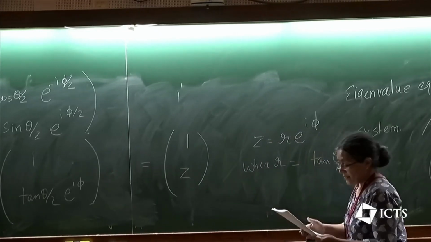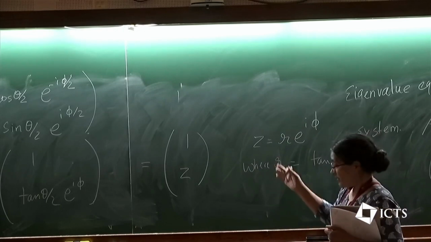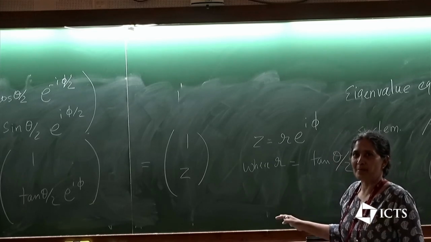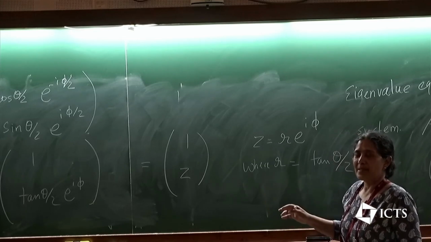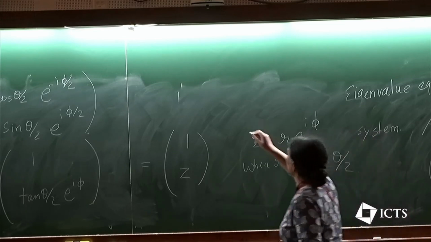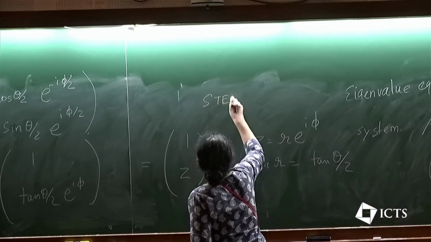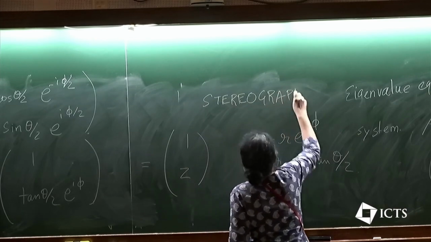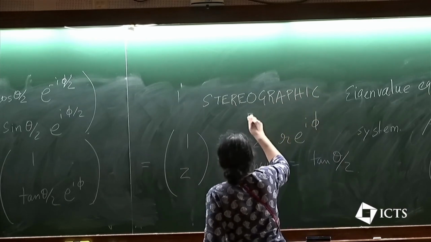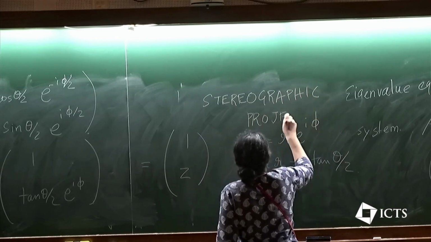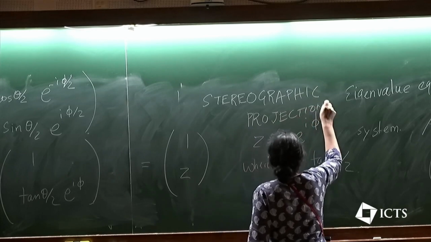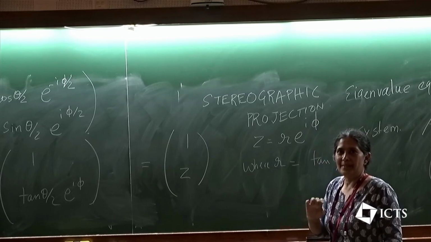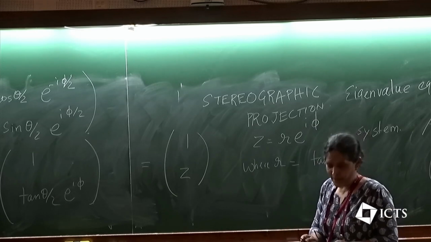And this is actually a representation of the sphere on the complex plane. So this is called stereographic projection. It's also sort of connected to the talk that I had given yesterday on math and art, projective geometry.